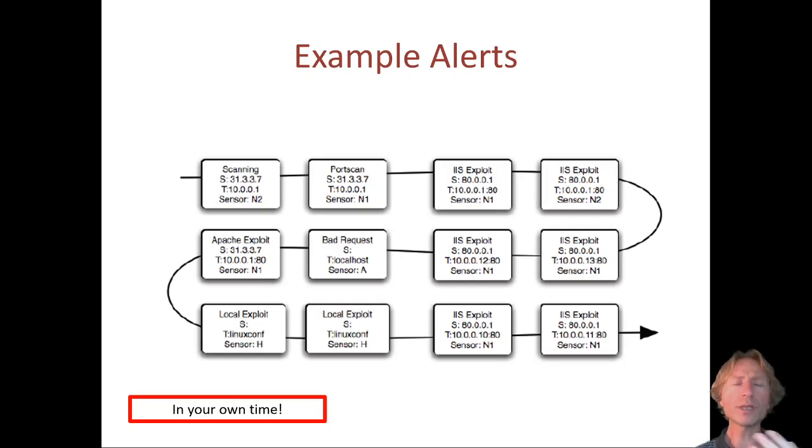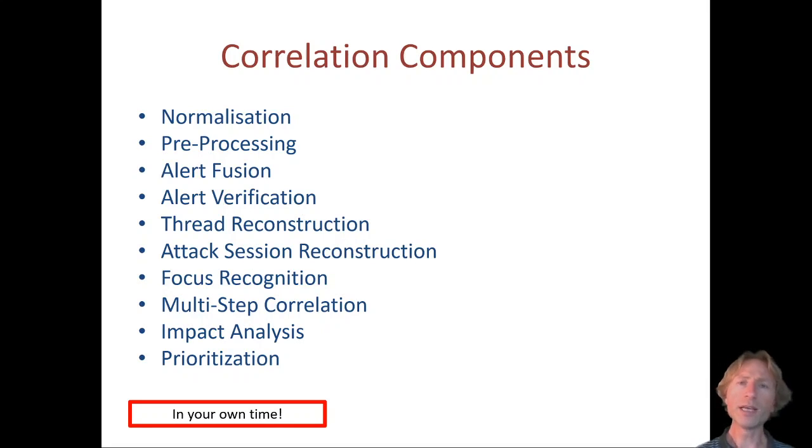Now, how do we start dealing with this long stream of events related to potential attacks, or maybe just some port scans that are not so interesting? To go through this from these multiple viewpoints, these multiple IDSs, we have to go through a number of steps to normalize the alerts, to process them to some extent, to fuse them, to verify them, and finally we need to prioritize them.